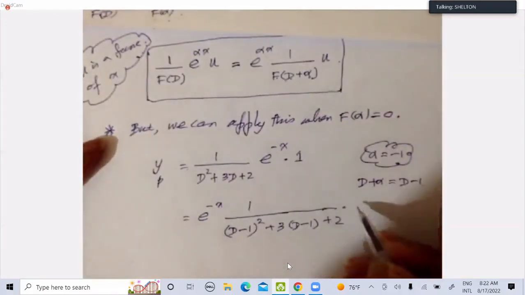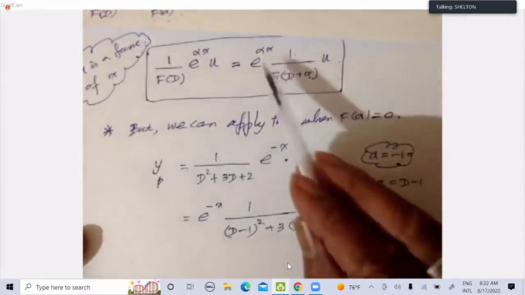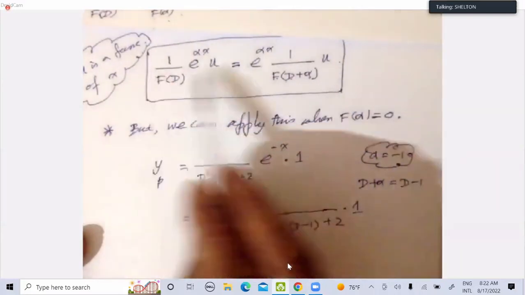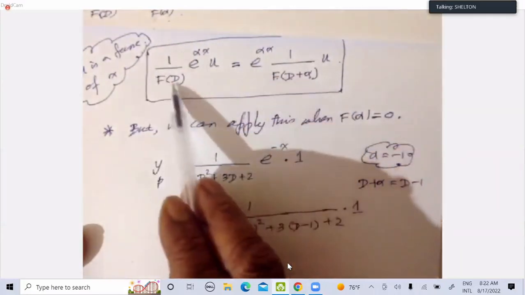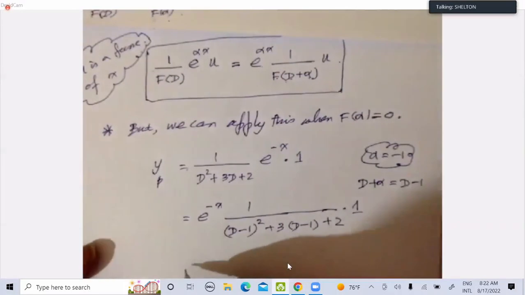And here we have 1, u is 1. So this is equal to e to the alpha x taken out and D replaced by D plus alpha, acting on u. So this is what you have. Simplify this to see what happens.